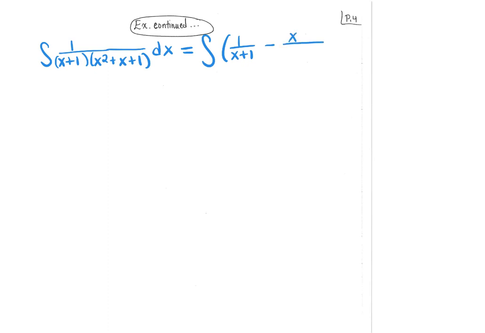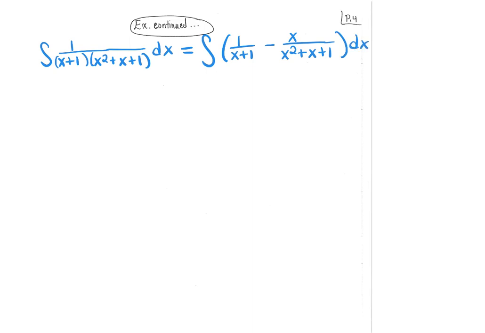So the integral of 1 over x plus 1 times x squared plus x plus 1 dx is equal to the integral of our partial fraction decomposition, which we found to be 1 over x plus 1 minus x over x squared plus x plus 1 dx.